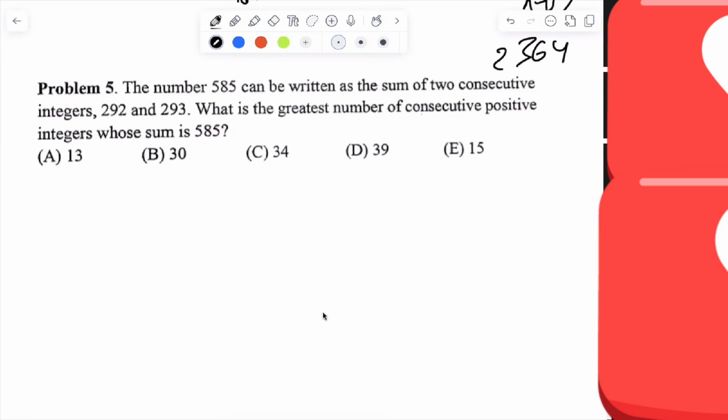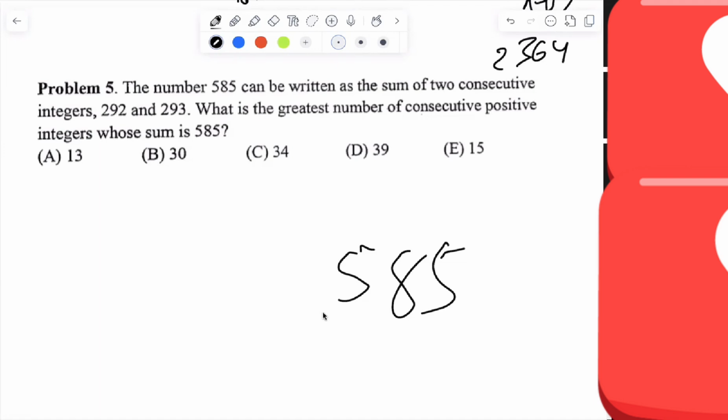But anyways, what we want to first do is just notice that if it was me, I would try to find factors of 585. If that doesn't work out, then I might have to look at where it just basically averages out.